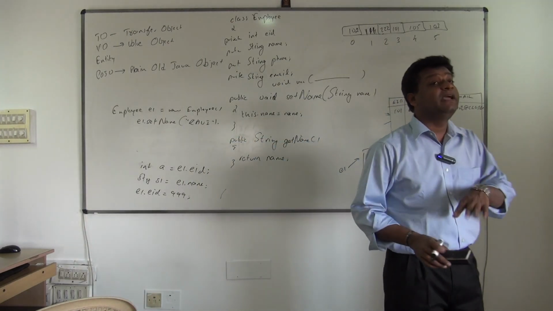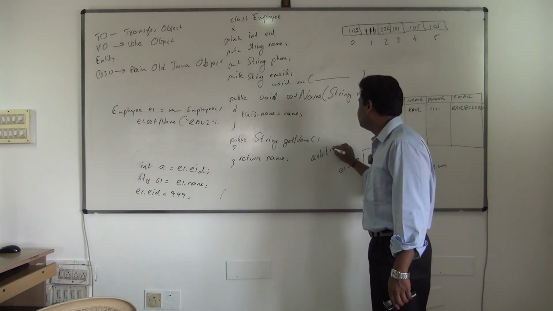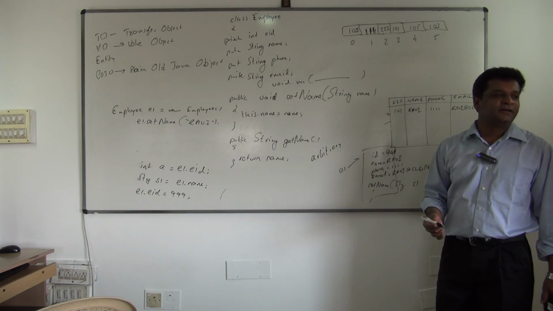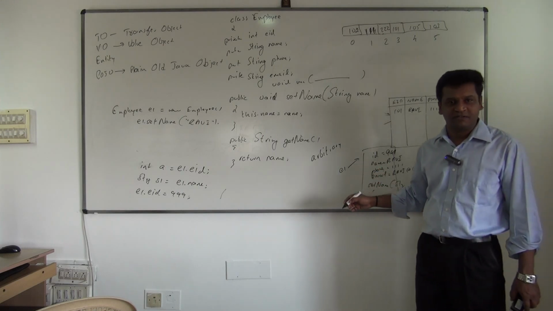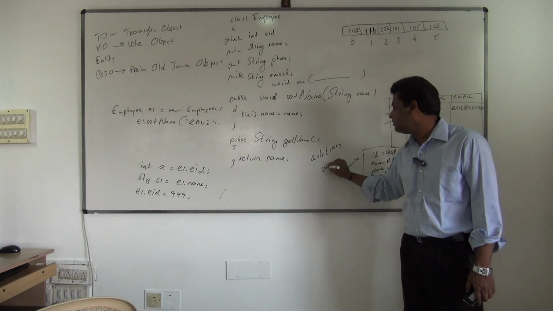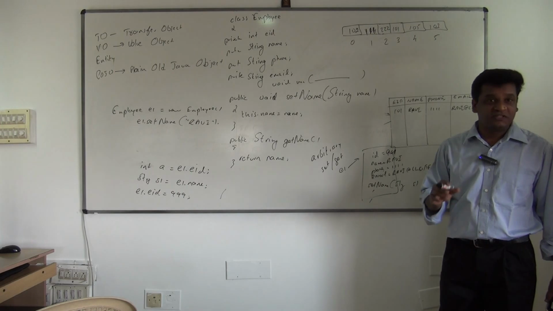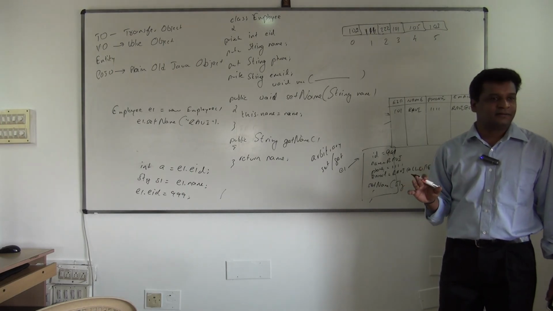But method names will not be arbitrary. Arbitrary means names you give casually, like m1, m2, fun, show. If you want to store values, you use setter, getter methods. These are conventions followed in industry worldwide.